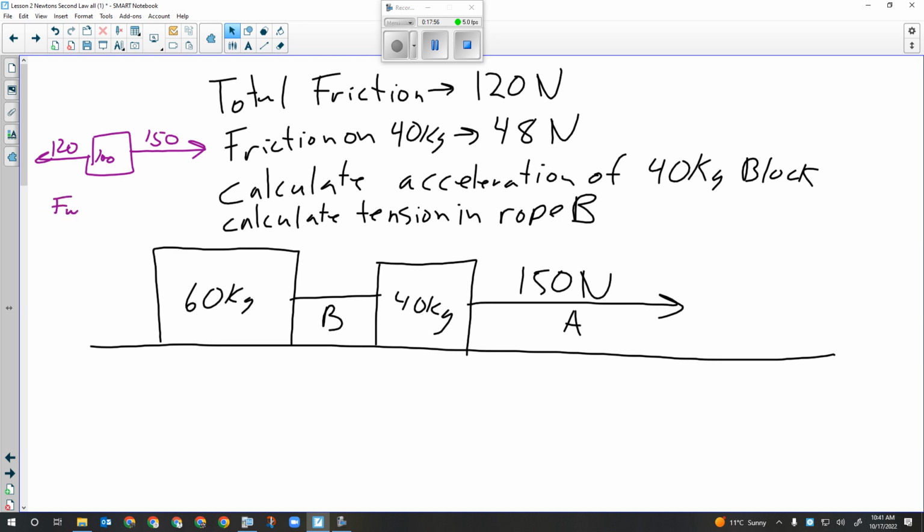So F net would be 30 newtons to the right or forward, and then the acceleration would be 30 divided by 100, so we'd have 0.3 meters per second squared. Actually, we'd have 0.30 meters per second squared right.